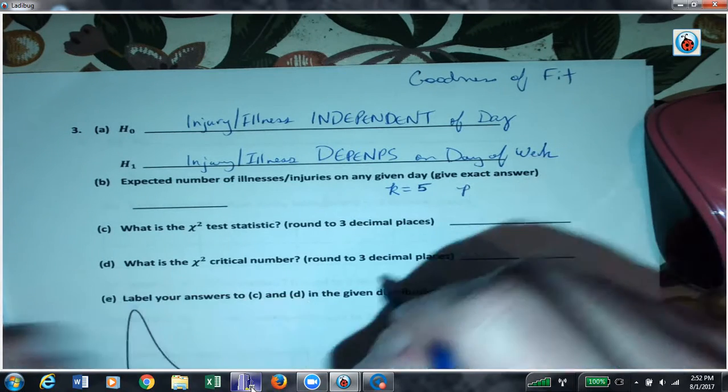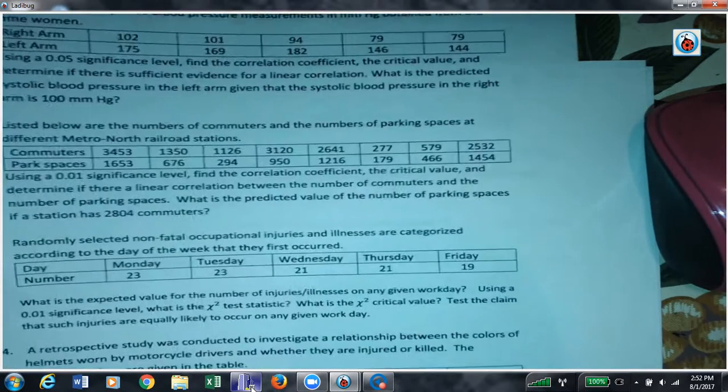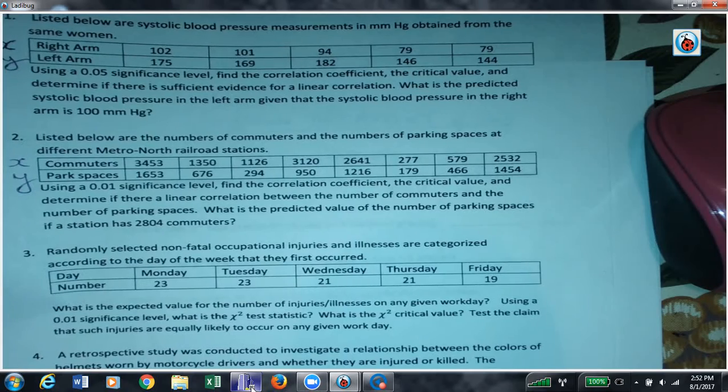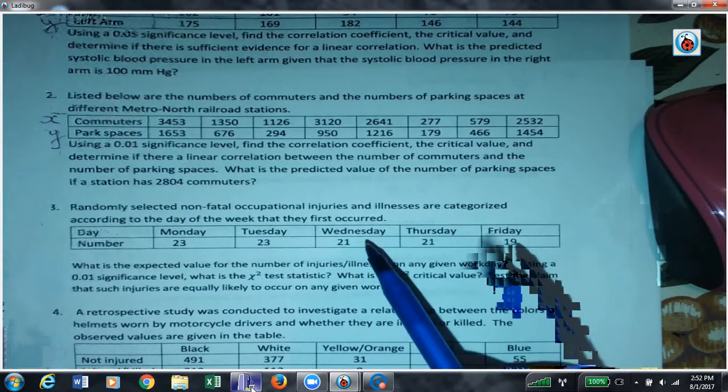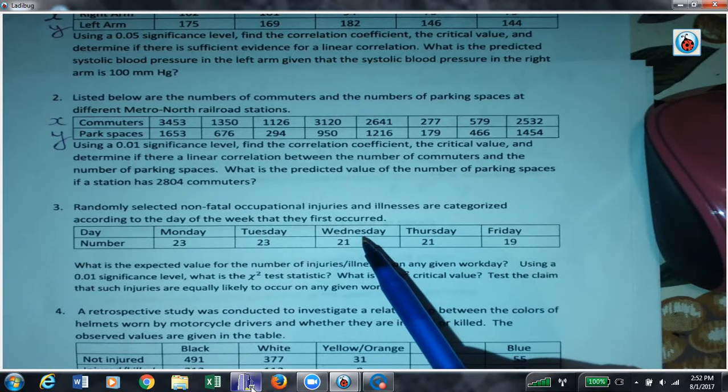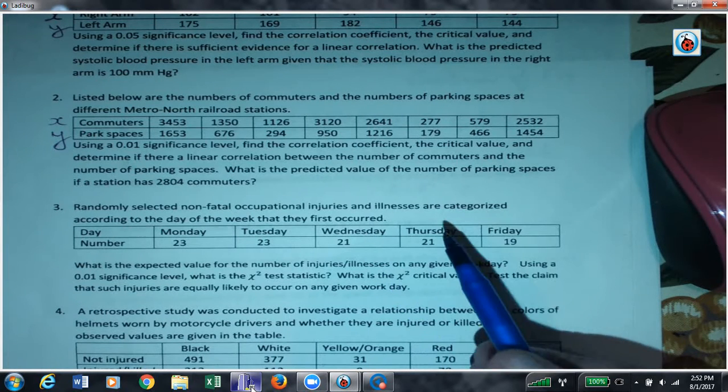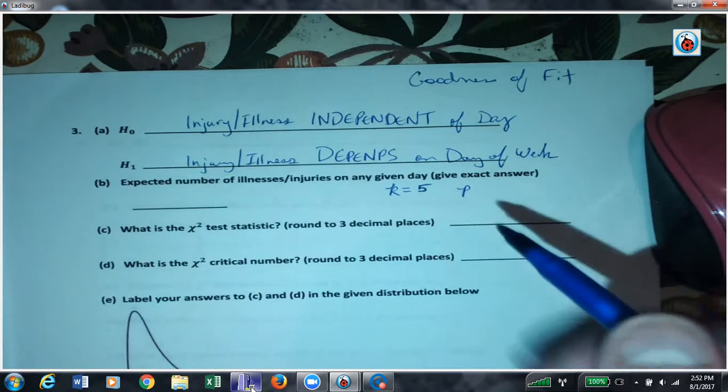And what is the probability that if you were to get sick on a random day, that you get sick on a Wednesday, if everything is equal? Well, you have a 1 out of 5 chance of getting sick on any particular day.